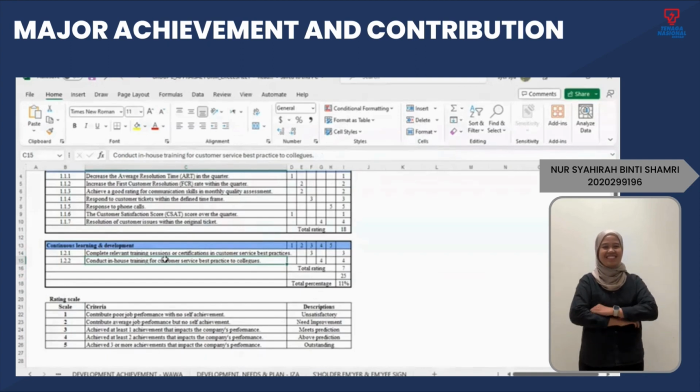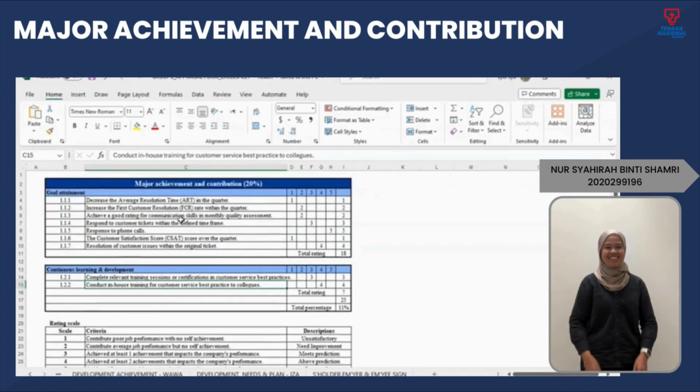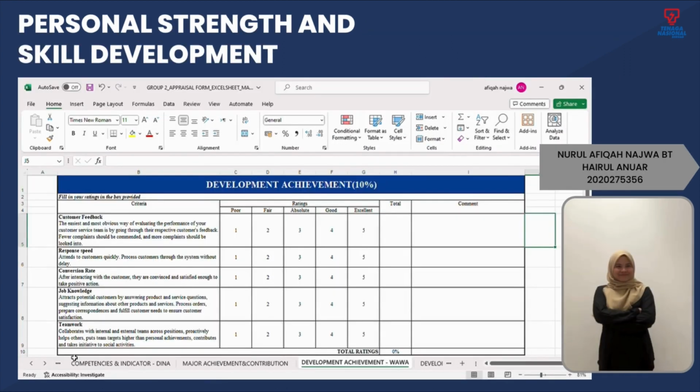They will be evaluated based on goal attainment and continuous learning and development too. From here, we can see how we can evaluate the employee. And for major achievement and contribution, the total marks is 20%. And thank you so much.